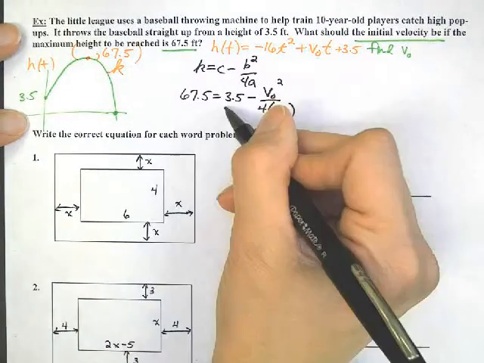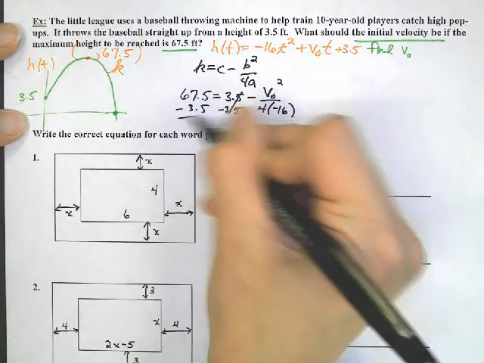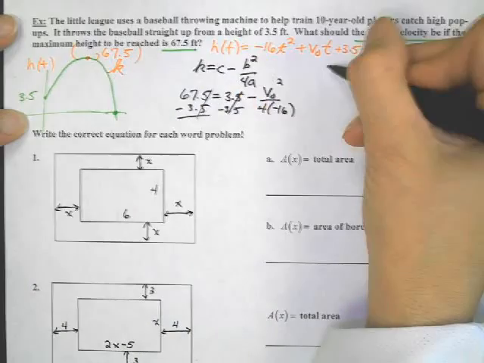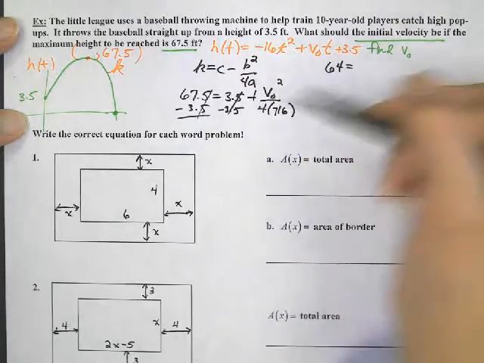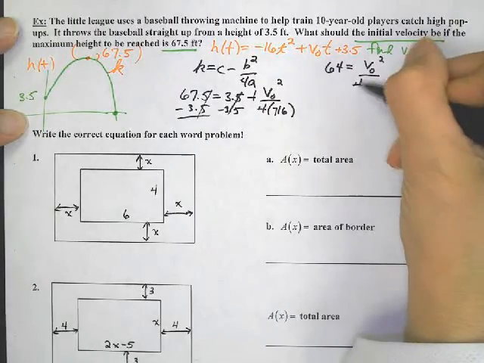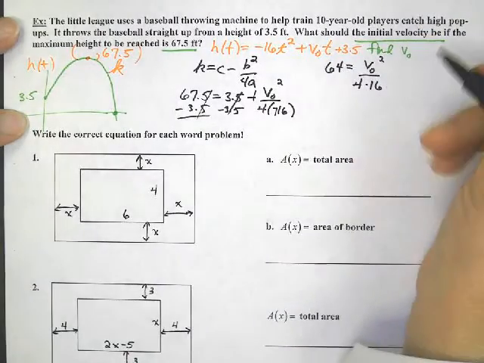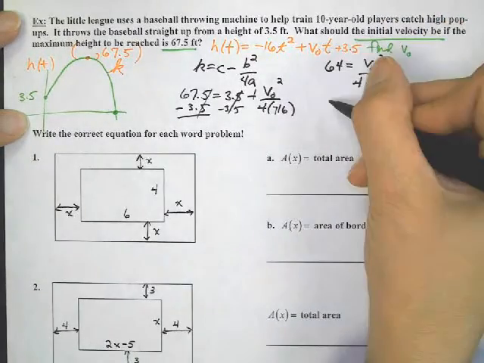So the first thing I'm going to do is subtract 3.5 from both sides. Oh, that's cleaning that up nicely. 64 equals, let's cancel these negatives, V naught squared over 4 times 16. And you could cross multiply or multiply both sides by 4 and 16.